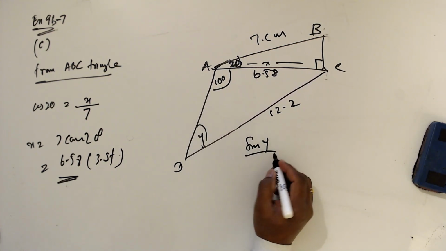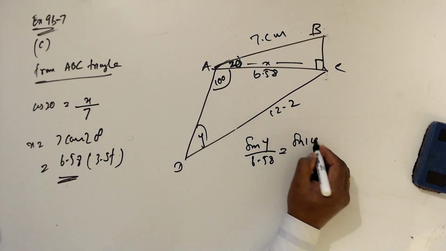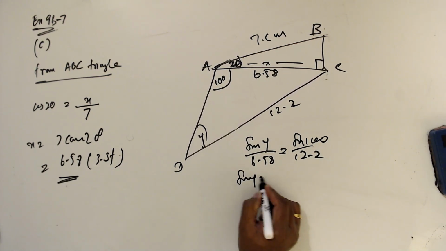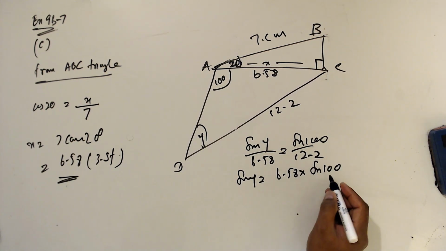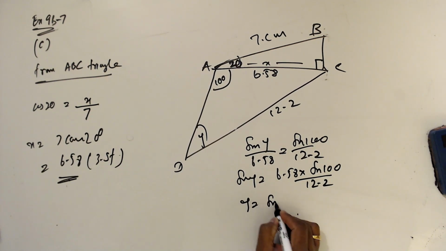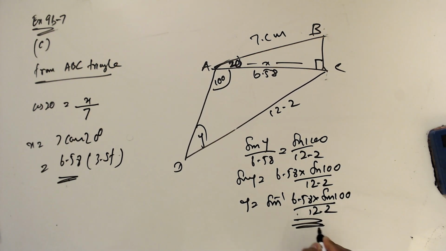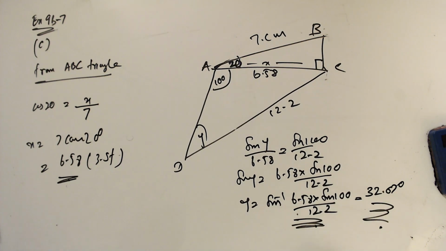Sine y over 6.58 equals sine 100 over 12.2. So sine y equals 6.58 times sine 100 over 12.2. So y equals sine inverse of 6.58 sine 100 over 12.2, which equals 32.07 degrees.